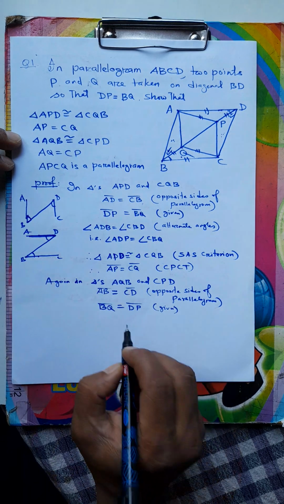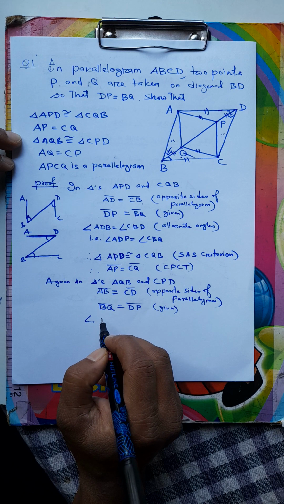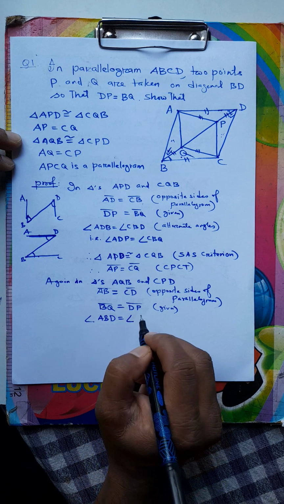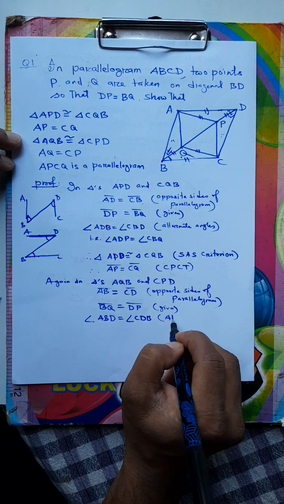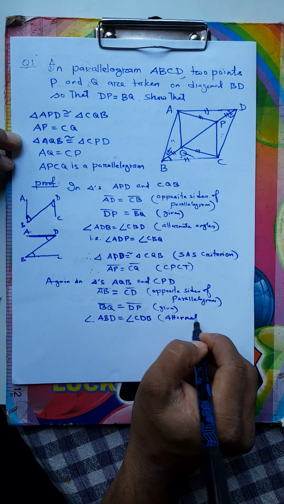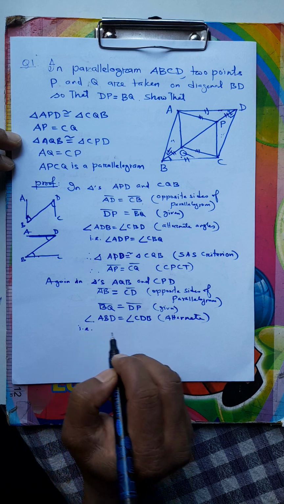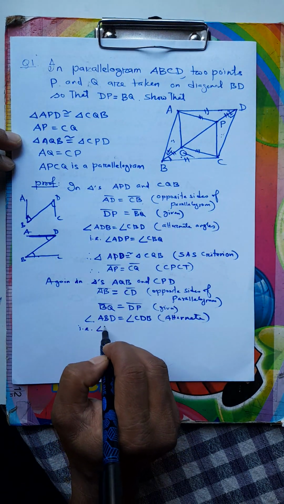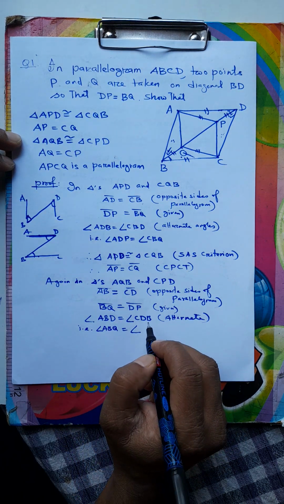They are alternate angles. Now what is ABD? ABD means angle ABQ, for this triangle. Angle ABQ equal to angle CDP.